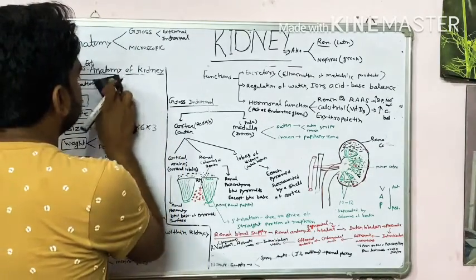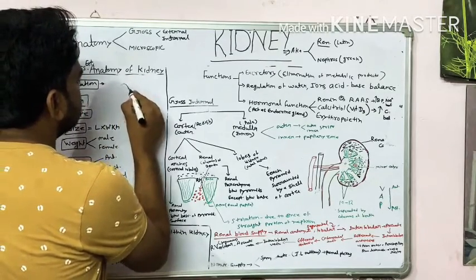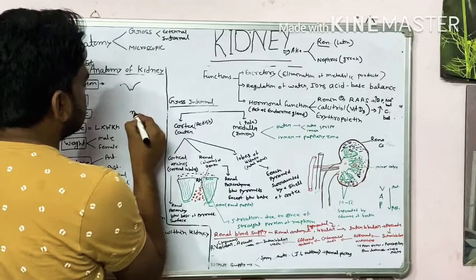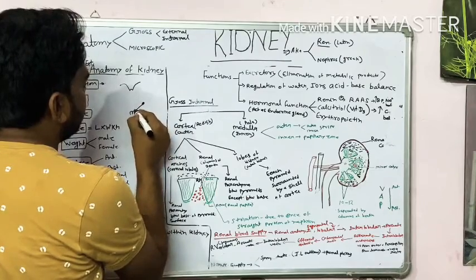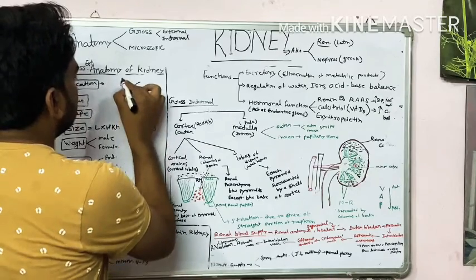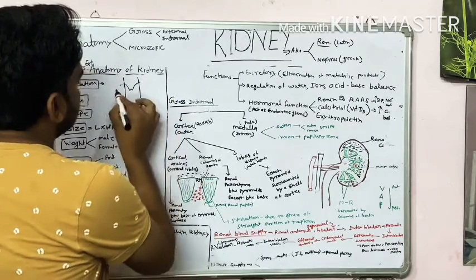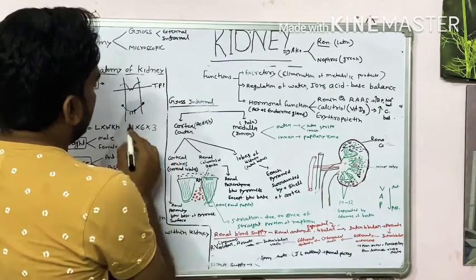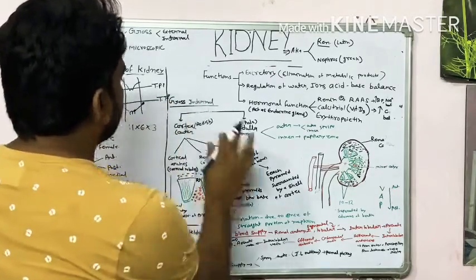Suppose this is the anterior superior iliac spine and the pubic tubercle. These are two parallel lines, the transpyloric plane and the transtubercular plane.